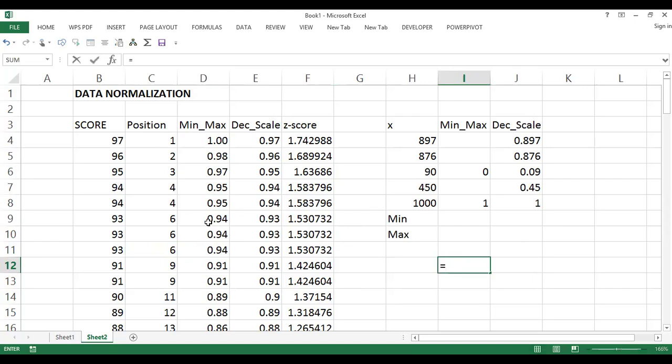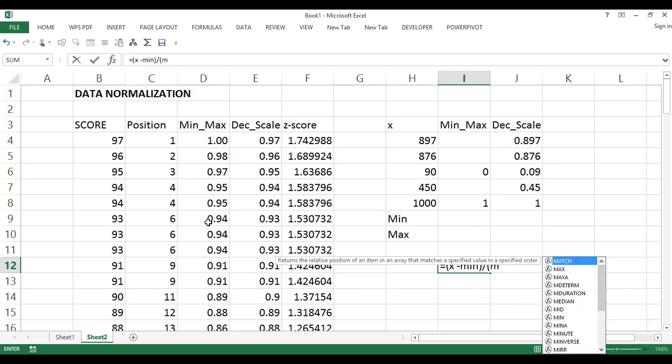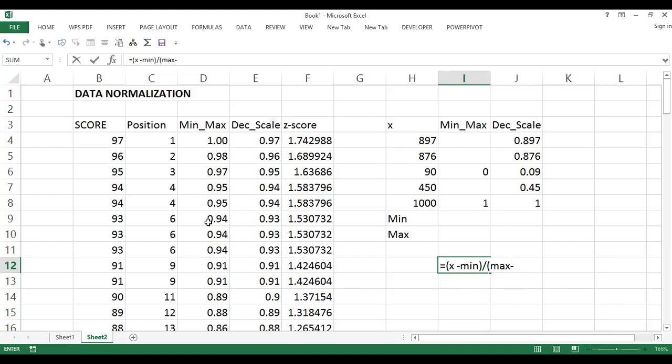We said equals x minus minimum, divided by maximum minus minimum. That's how we got it.